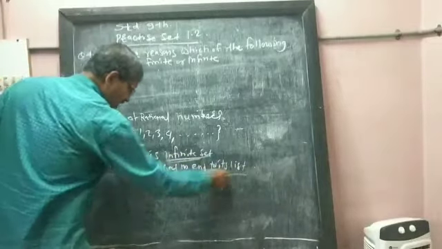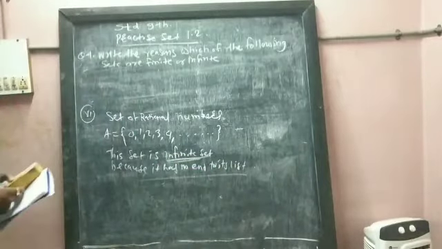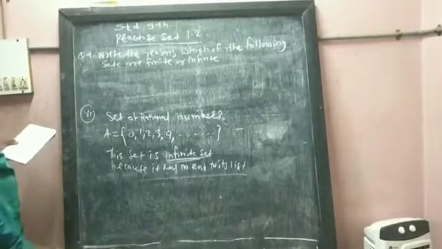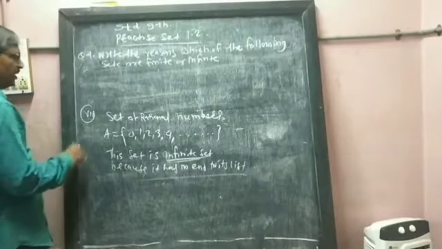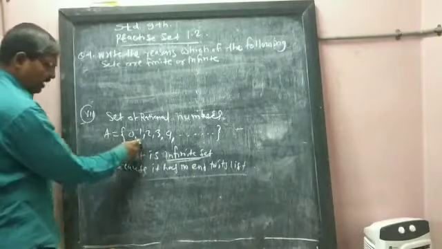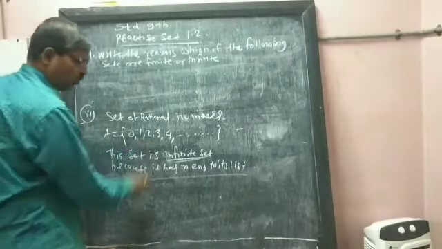Its reason is that it also has no end to the list, and that's why this set is also called an infinite set. Here this exercise is completed.